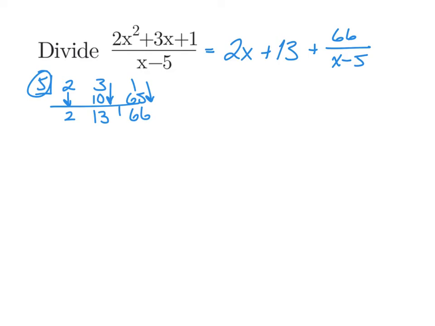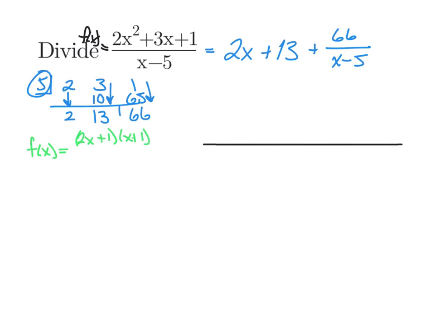Like if we're dealing with f of x equal to this function, and we wanted to graph it, well, we would have to identify our important points, which means we have to factor that numerator first, which can be factored into 2x plus 1 and x plus 1 over x minus 5.